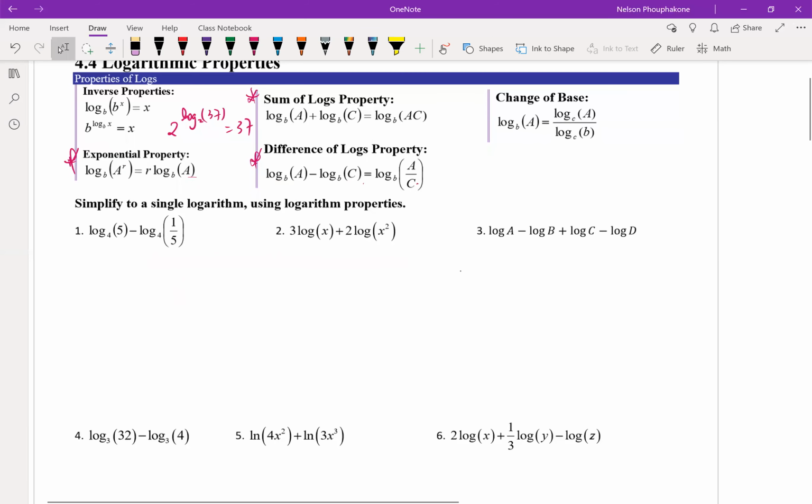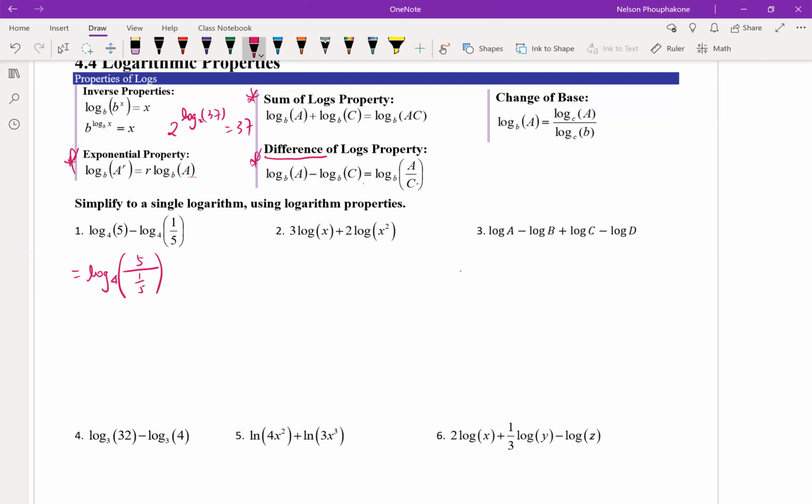For example, if we have a difference between the two, then we could use the difference of logs. In this case, we will have log base 4 of, again we put a parenthesis, 5 over 1 over 5.